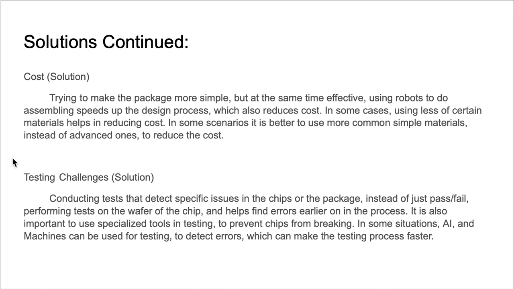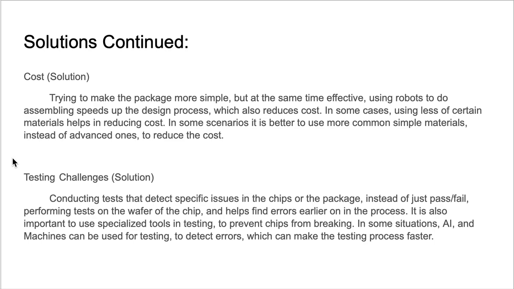Here, the solutions are continued. So, the solution to solve the cost issue and make it less expensive. Making the packages simpler could be a solution, but they have to at the same time be effective. They can't be too basic either. Another thing that helps is to use robots to do the assembling, because this is both faster and cheaper.